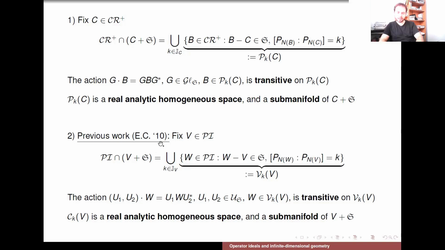These results are from a paper about 15 years ago. So I was trying to understand a sort of Stiefel type infinite dimensional manifold associated to operator ideals that should be a kind of analog of the restricted Grassmannian. So I studied this type of partial isometries and this type of perturbations.